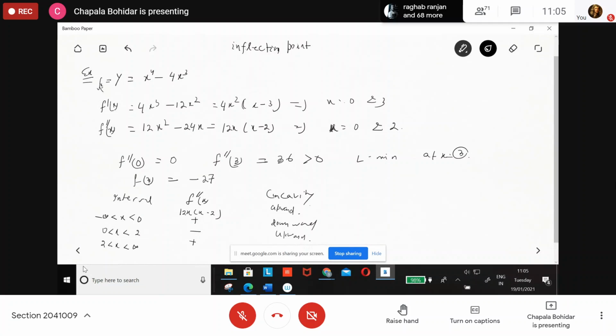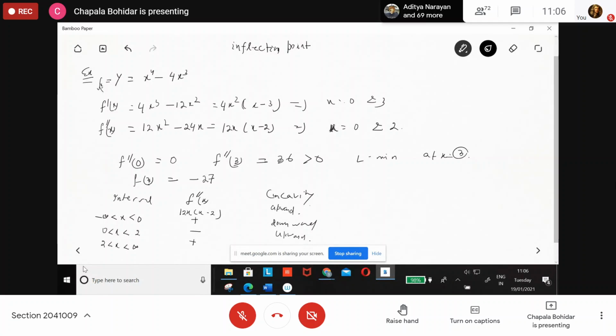So what do you get? Upward to downward, the points of inflection are at 0 and 2. Clear?